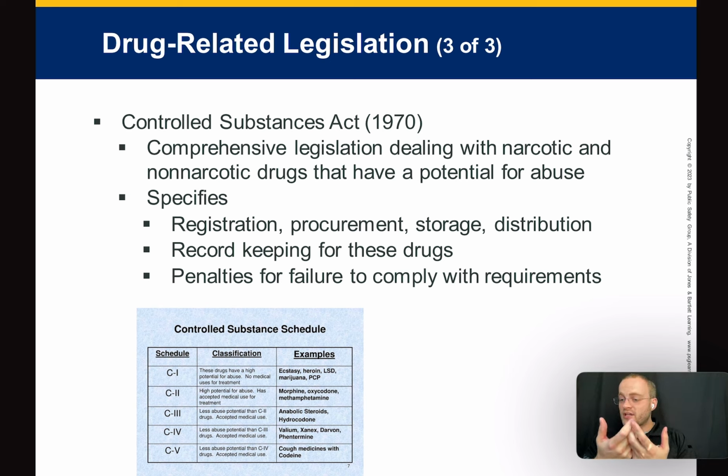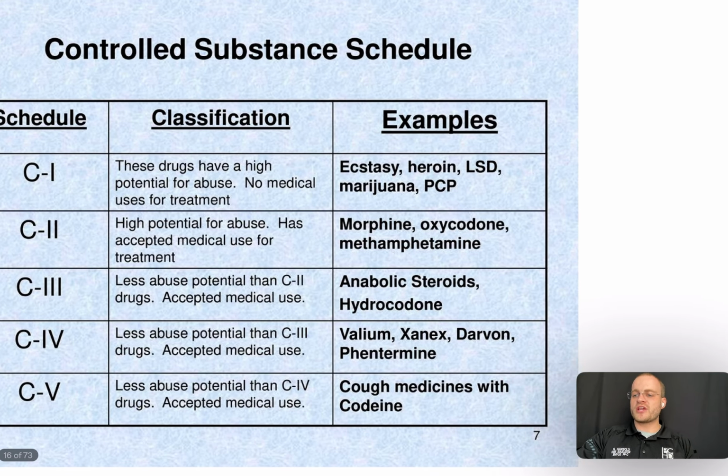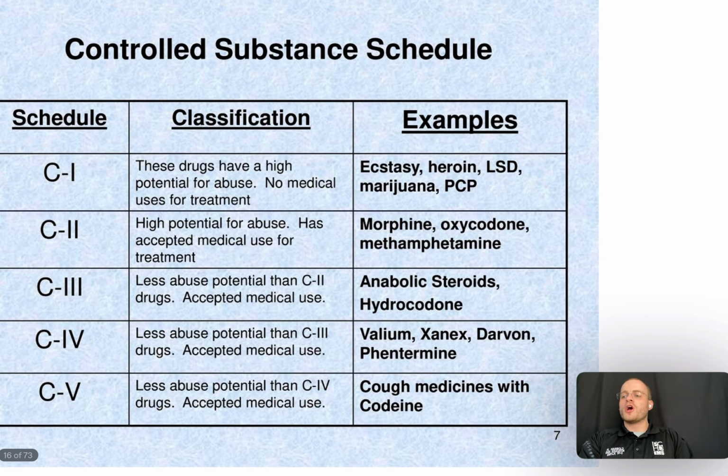And you have to keep records when you're buying controlled substances like fentanyl or Dilaudid or morphine or something like that. And obviously, there are very hefty penalties if you don't comply. I don't need you to memorize this per se, but it's worth knowing. You've probably heard, oh, that's a controlled substance. What does that mean? Okay, I'm glad you asked.